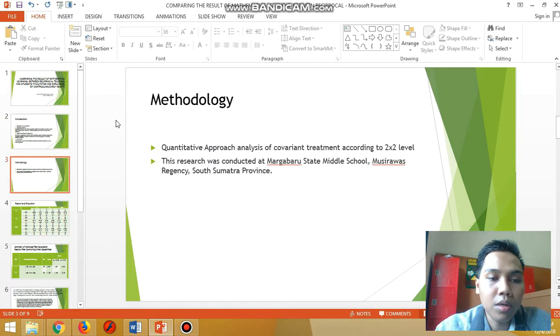Methodology: a quantitative approach, analysis of covariance, with treatment by level. This research was conducted at Marga Baru State Middle School, Musirawas Regency, South Sumatra Province.